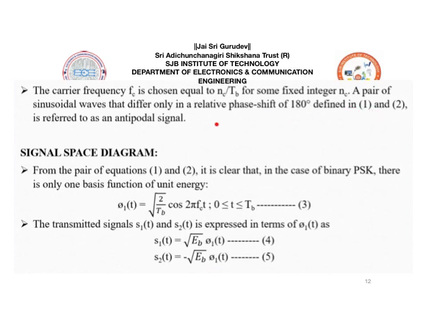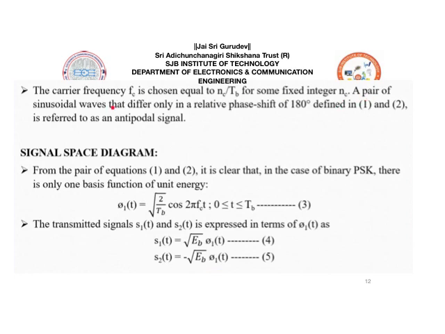Now, a pair of sinusoidal waves that differ only in a relative phase shift of 180 degrees, which we discussed and labeled as equation 1 and equation 2, we call antipodal signals. Equations 1 and 2 represent the pair of sinusoidal signals which differ in a relative phase shift of 180 degrees.